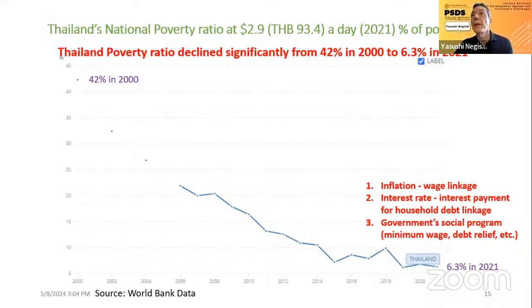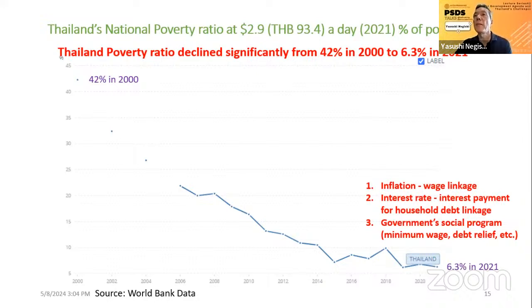And also, those poor families tend to borrow a lot of money from financial institutions. And when inflation is high, the Bank of Thailand tries to maintain higher interest rates. Then those households that borrow from financial institutions have to pay more interest to the financial institutions.